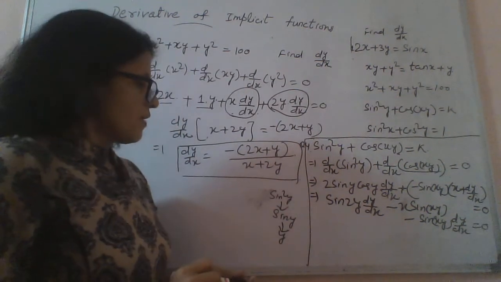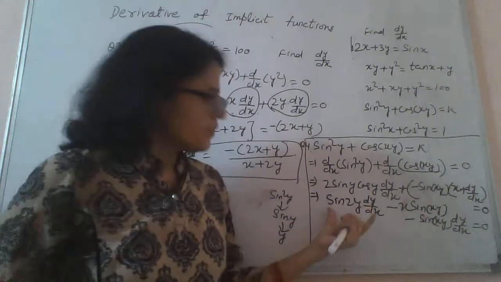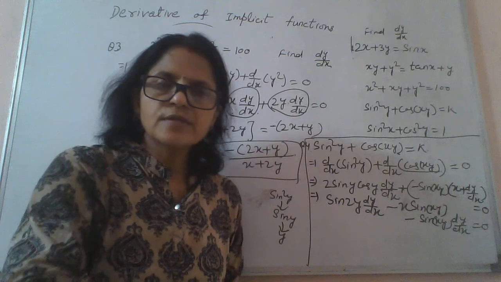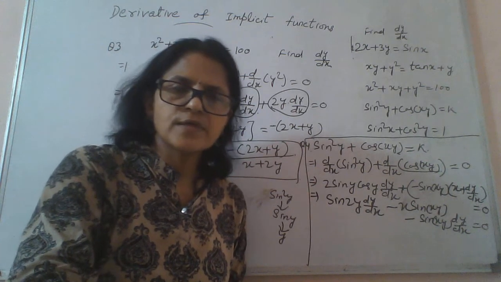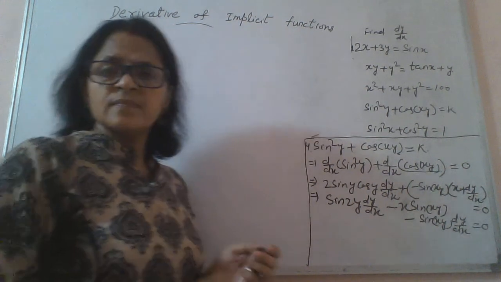Okay. So now last line is, yeah. So again the next step is we will separate dy by dx terms on one side and those without dy by dx on the other side.